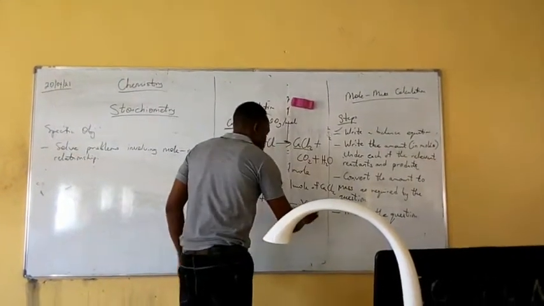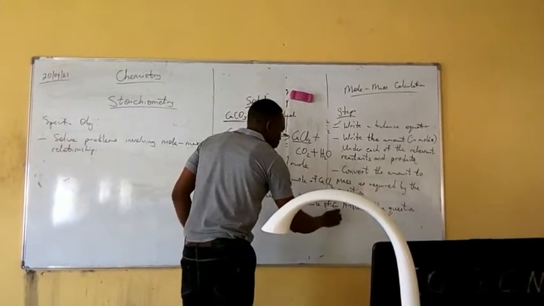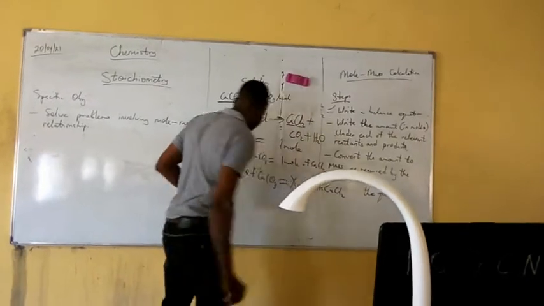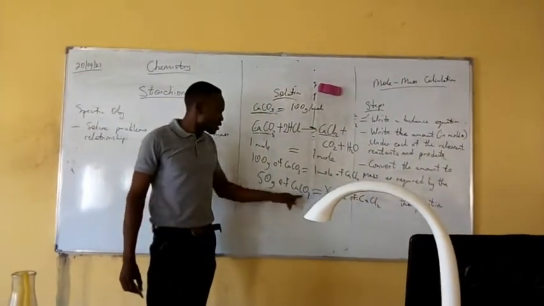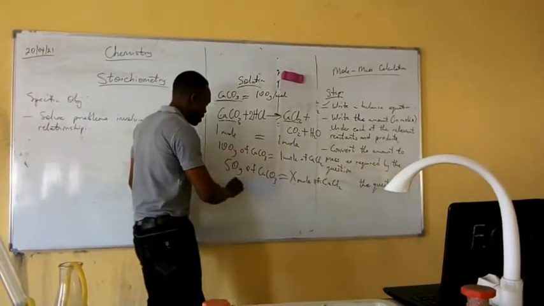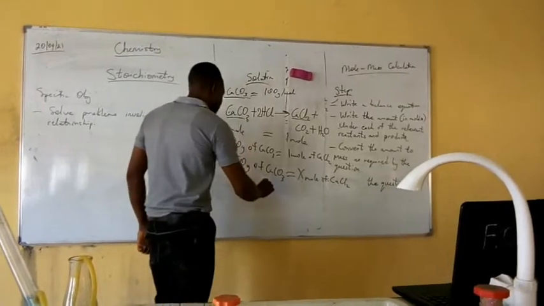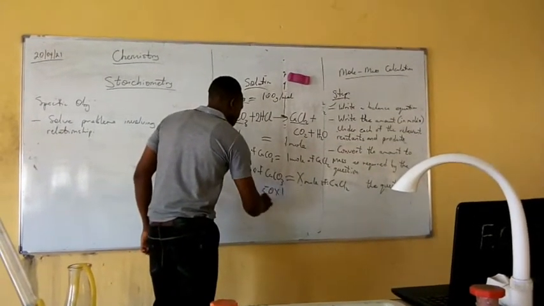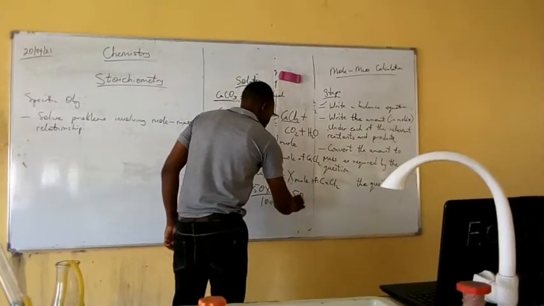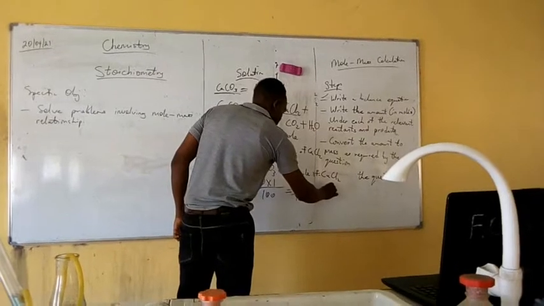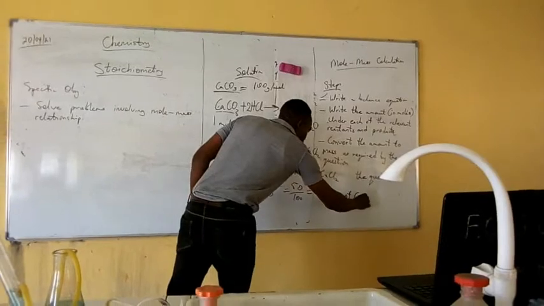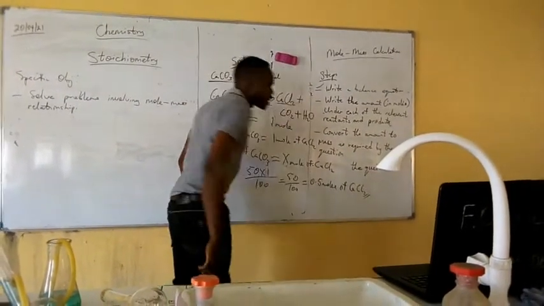So we say X mole of calcium chloride. From the question, 50 grams of calcium carbonate will now give us X mole of calcium chloride. Because we multiply, make X the subject of the formula. We have 50 times 1 all over 100. That will give us 50 over 100, which is 0.5 moles of calcium chloride. It's as simple as that.